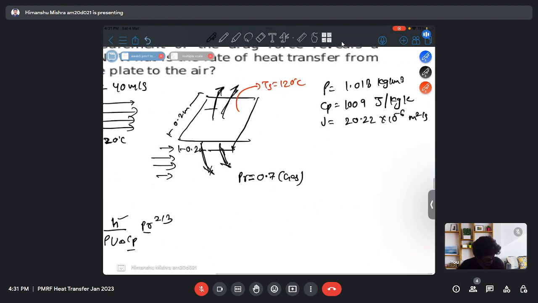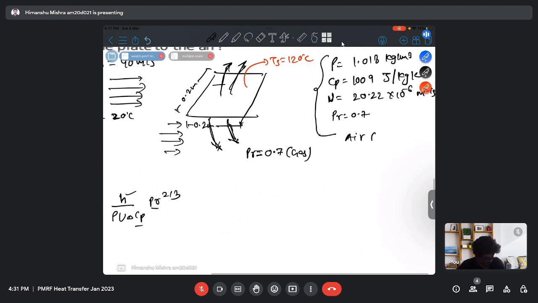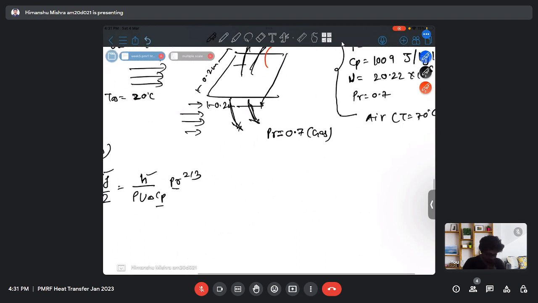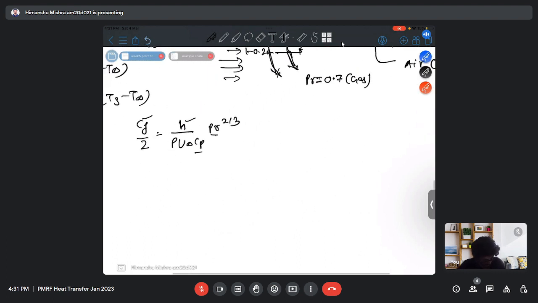So these are my properties of air at a temperature of 70 degrees Celsius. So we have a heat transfer coefficient which is unknown, and the skin drag coefficient is also unknown here.